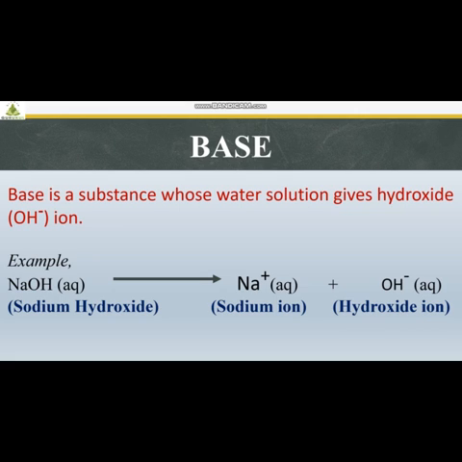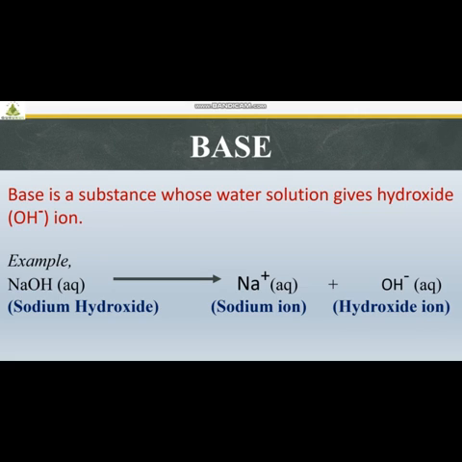Okay. Now a very good example we have is sodium hydroxide. Now sodium hydroxide, when it is mixed in water and then when we get sodium hydroxide solution, students, we get sodium ion and hydroxide ion as the products. Okay, so NaOH is the reactant.